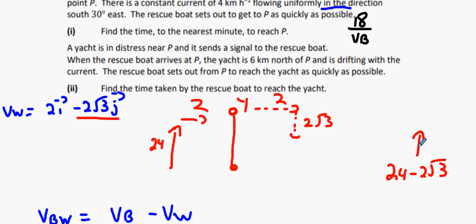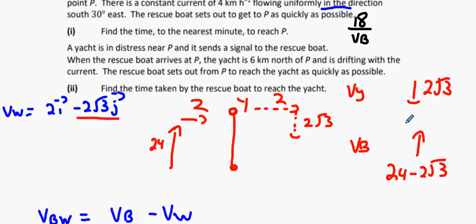But what's the other problem? The yacht itself is actually coming 2 root 3 downwards, isn't it? So what's the effect of that then? The 2 root 3's are going to cancel because the actual velocity of the boat is 24 minus 2 root 3 upwards. The velocity of the yacht is actually going 2 root 3 downwards.